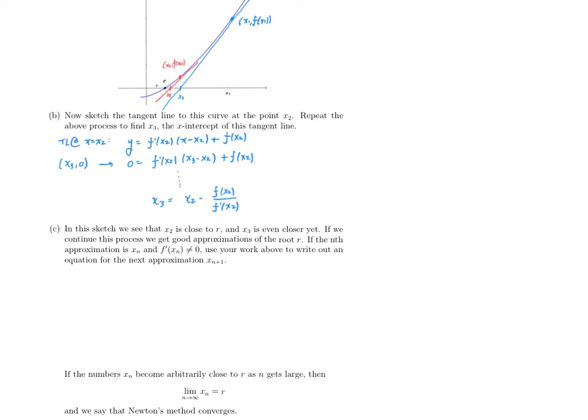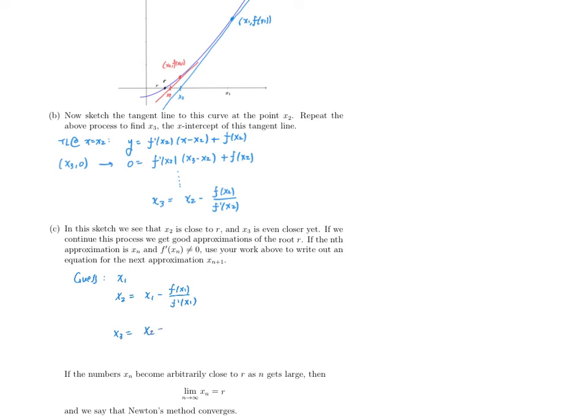And in general, how we can think about this is we start off with our guess. We guess that we have a value x1. Once we have x1, we then have a formula for x2. It's x1 minus f of x1 all divided by f prime of x1. Then we said, okay, once you have x2, we can repeat that same process to find x3.